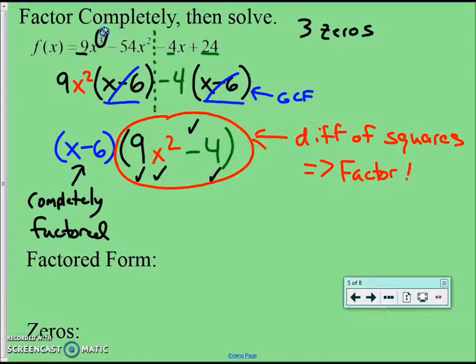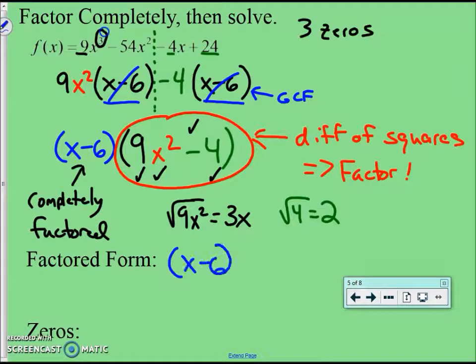So how am I going to do that? Well, I'm going to take the square root of 9x squared, and that's just going to be equal to 3x. I'm going to take the square root of 4, and that's just equal to 2. And that's going to give me my factored form, the x minus 6, which we've already had.